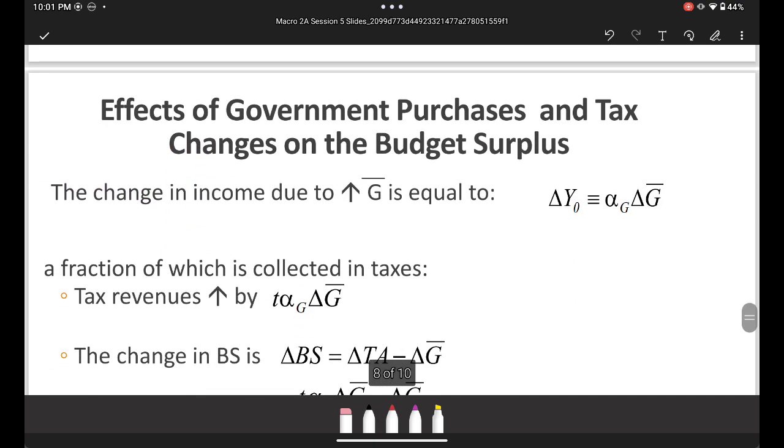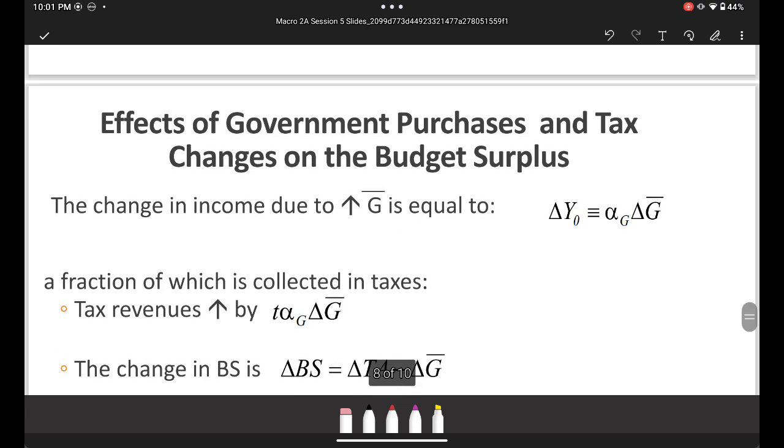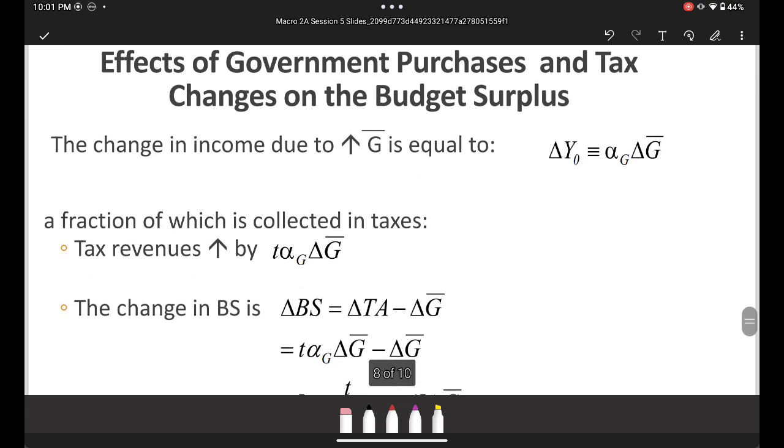Right? Okay, effects of government purchases. Government purchases is the same as government spending, the G, right? The change in income due to the G is equal to, now, what is this? This is the multiplier we've been using. 1 over 1 minus C, is that MPC? 1 minus C times your 1 minus t.